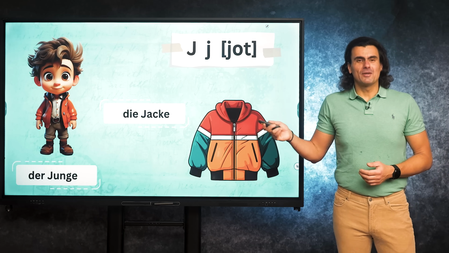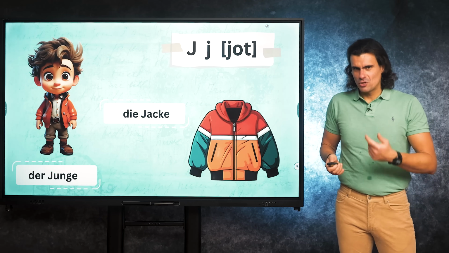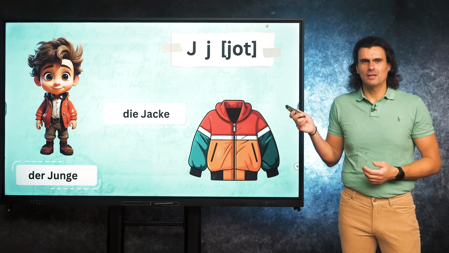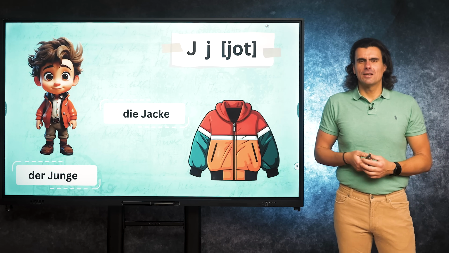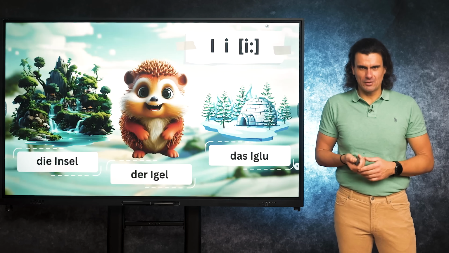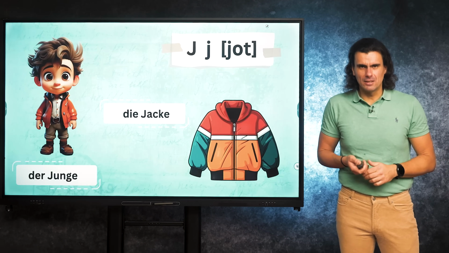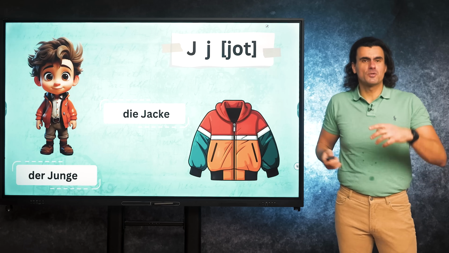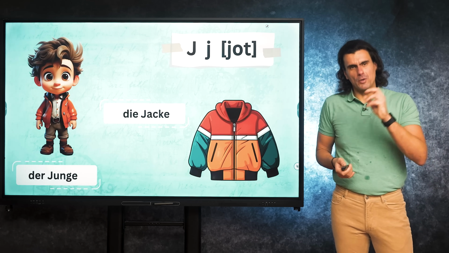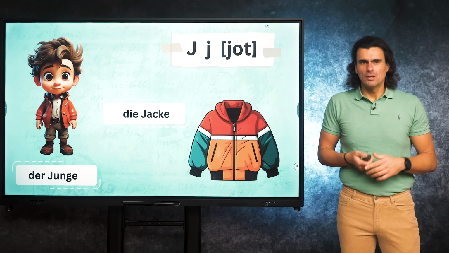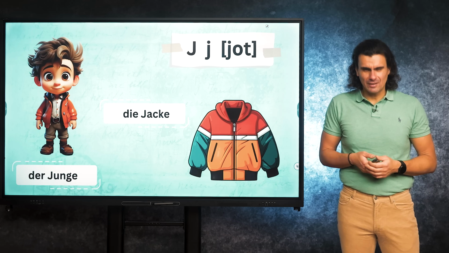Tricky letter coming from English or from French or from Romanian or other languages, because in German, usually it is very close to this letter, but it is not just E, it is Y. The letter in itself is pronounced J, but when you have it in a word, then it is usually a J. For instance, die Jacke.